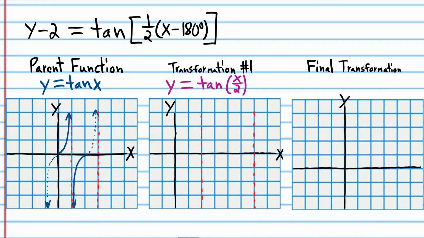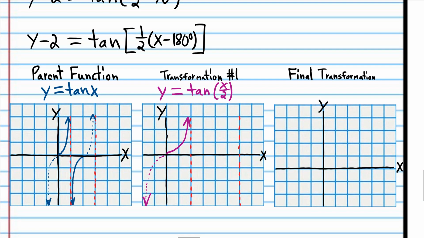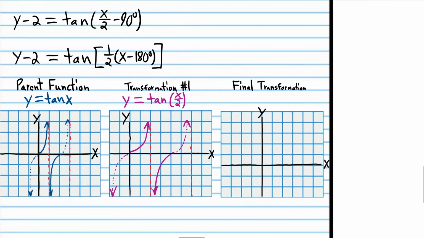And so let's draw our graph. Again, all the x values are just multiplied by 2.